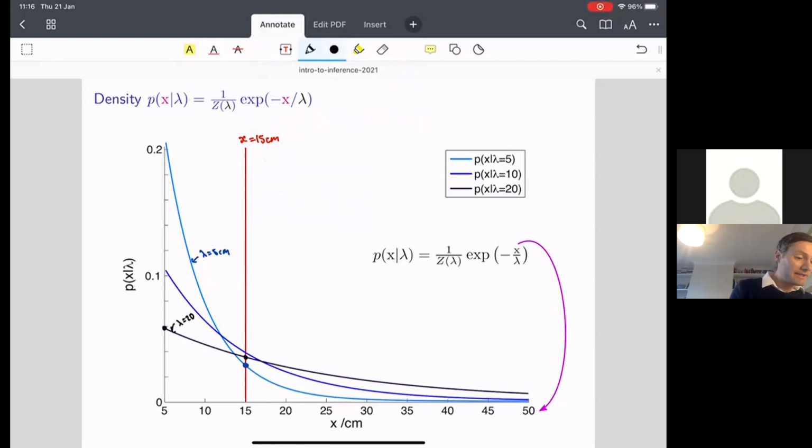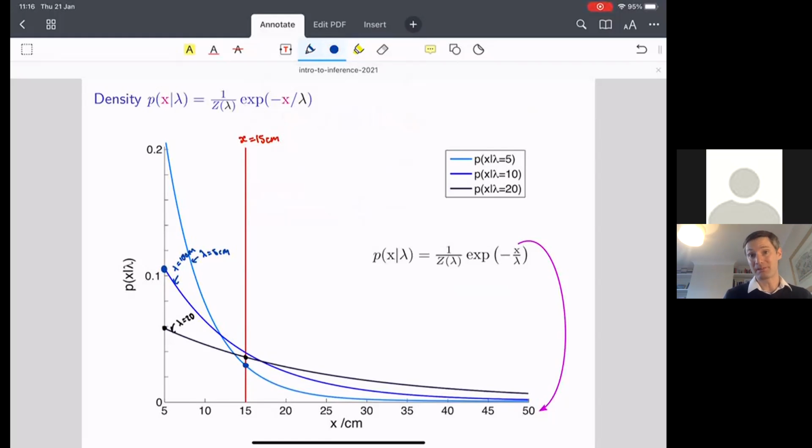And in between these two extremes, between the very short decay constant and the very long one, is the Goldilocks curve. That's the lambda equals 10 centimeters curve in the middle here. This doesn't have such a big normalizing constant, so its density at 5 centimeters is not dragged down too far.